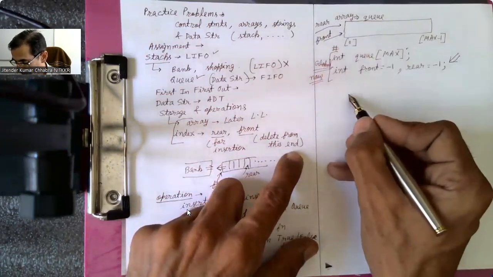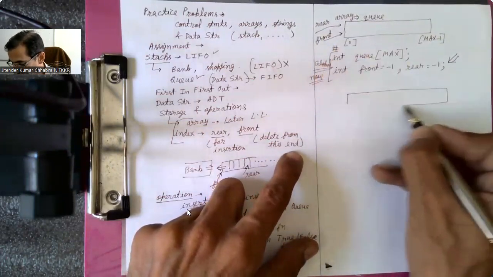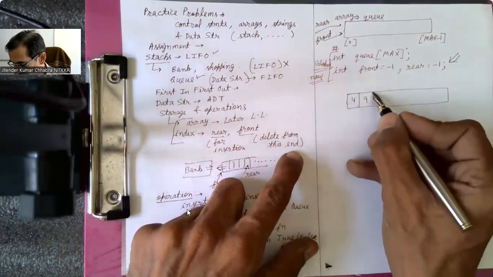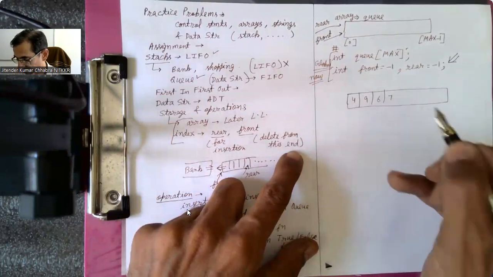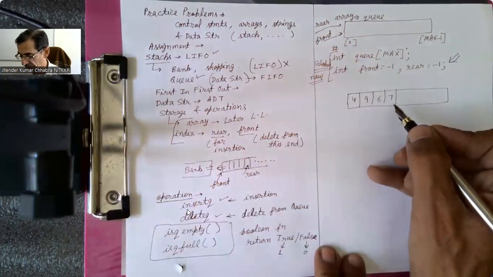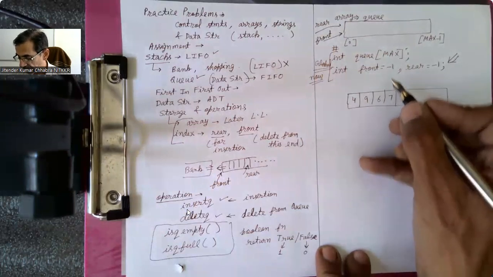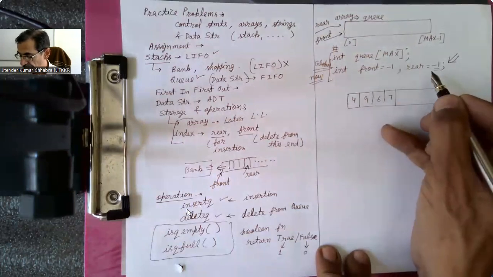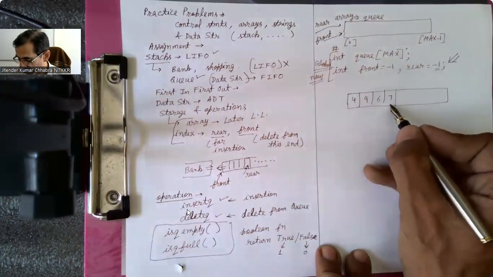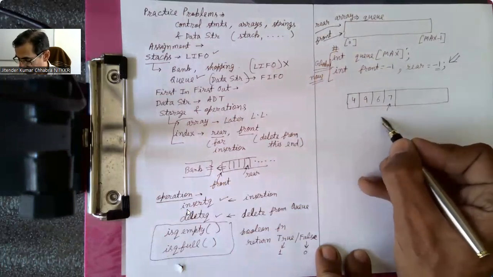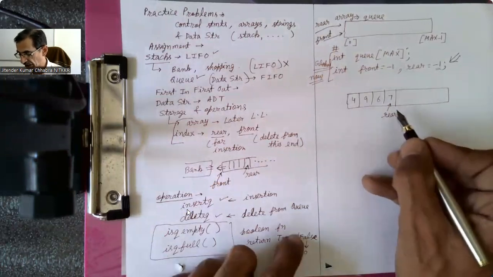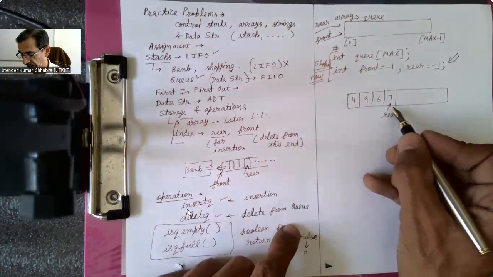Slowly, what will happen? I will be inserting some data. Let's say I have inserted 4, 9, 6, 7. Through this process, effectively, everything is defined: when rear is -1, for storing an element, rear will be incremented and I will be storing. That effectively means my rear will reach this end, up to which data has been stored.